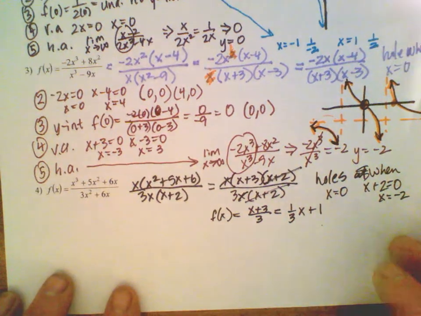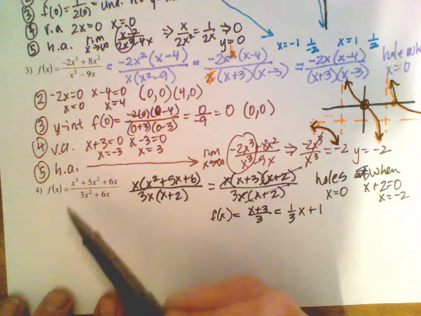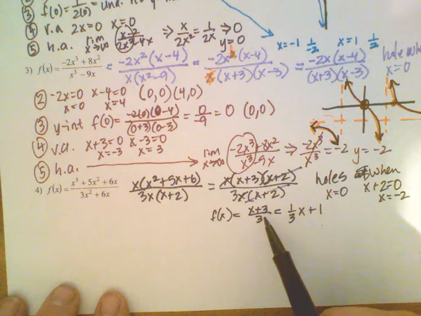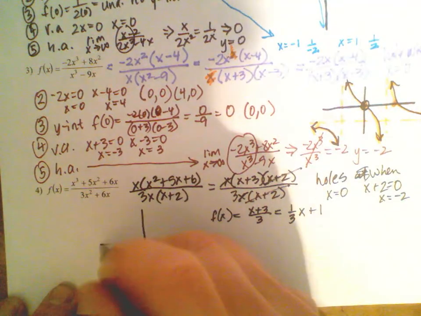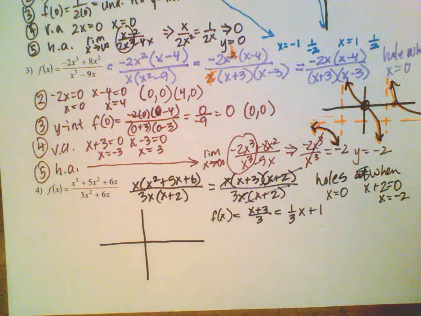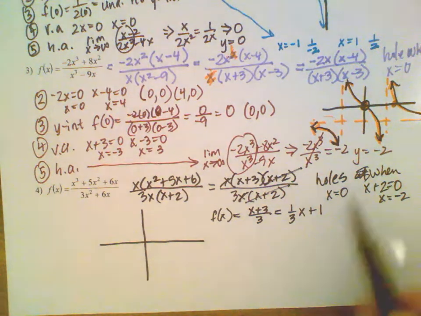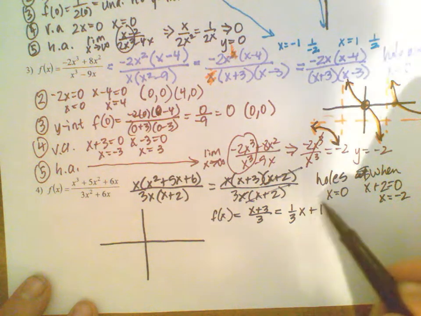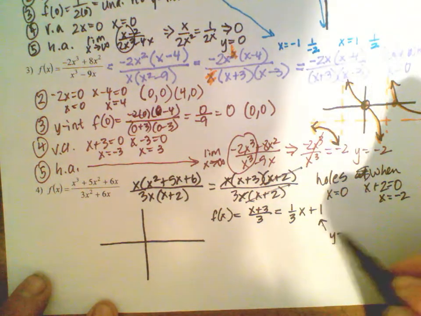So now, because I'm left with a line, I don't even have to go through that whole process. There's no x in the denominator anymore. I'm left with just a linear function, so I can just graph that line and then put my holes on it. So remember how you graph a line. This goes back to our algebra days. Where do I start? How do I change? I don't know how your algebra teachers taught you, but I start at 1 on the y-axis. That's my y-intercept.